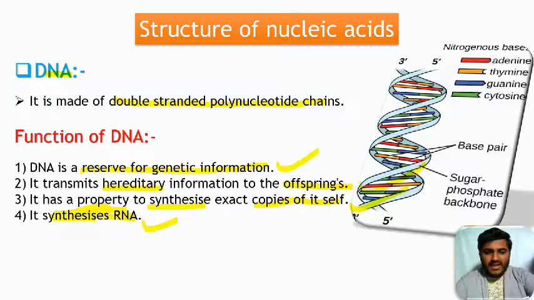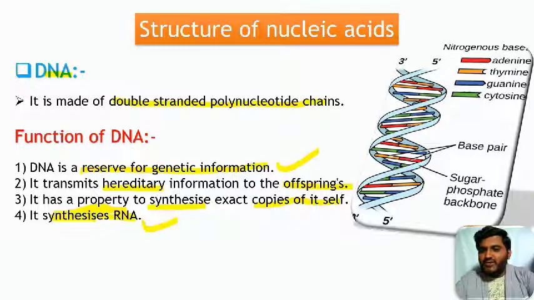So carefully see here, guys. This is the DNA structure, a double stranded polynucleotide chain. Look here, this one is one strand, 5 prime, whatever I have written. This is 3 prime. Whatever red color you are looking at is adenine.